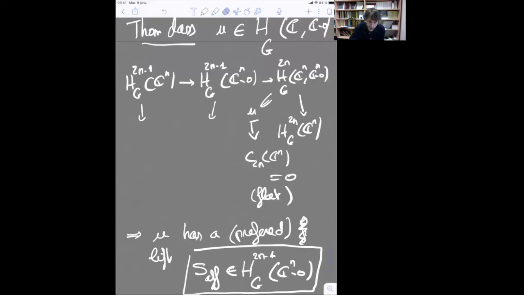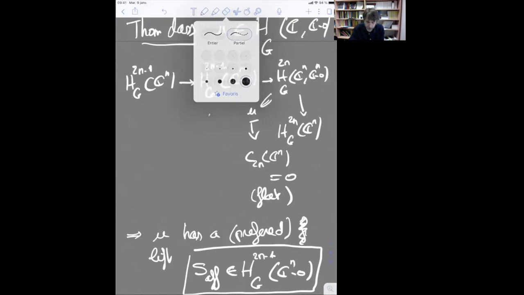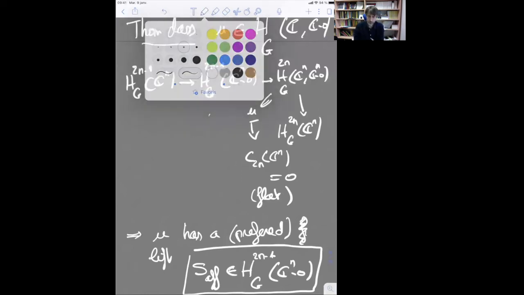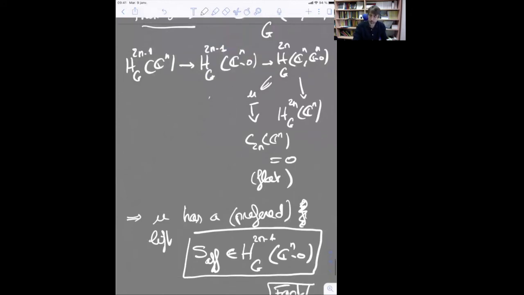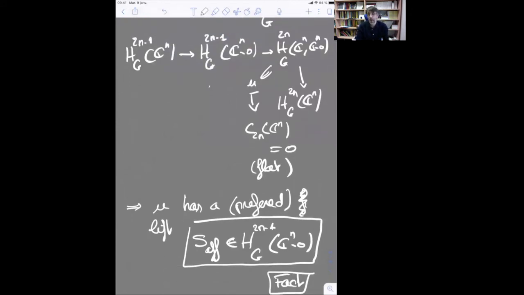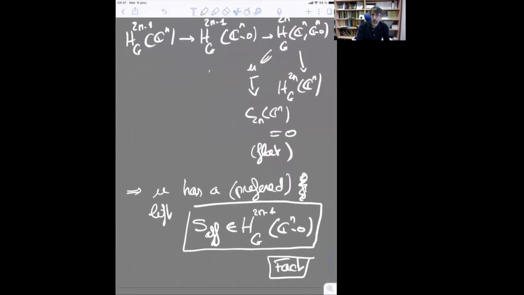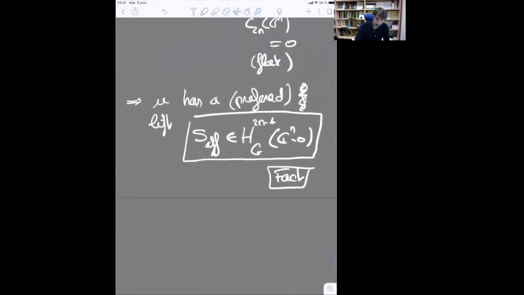So that's the starting point of the construction, this equivariant class. And now I will finish today by explaining how we go from that to a cocycle.